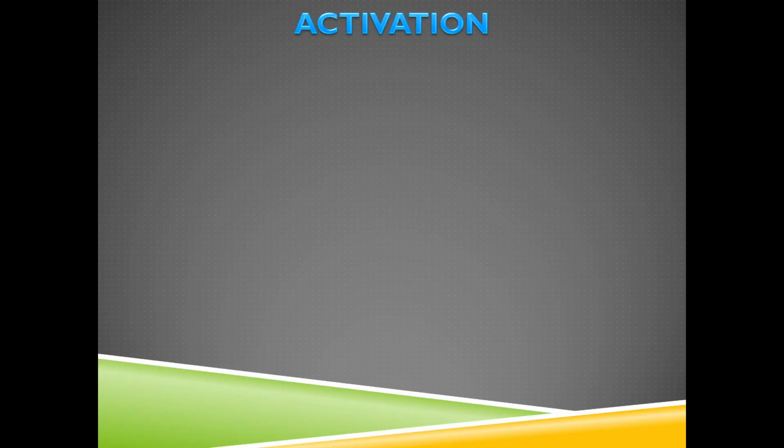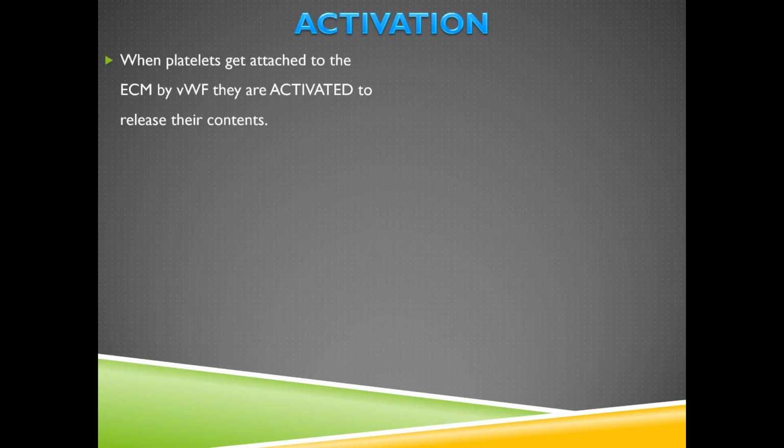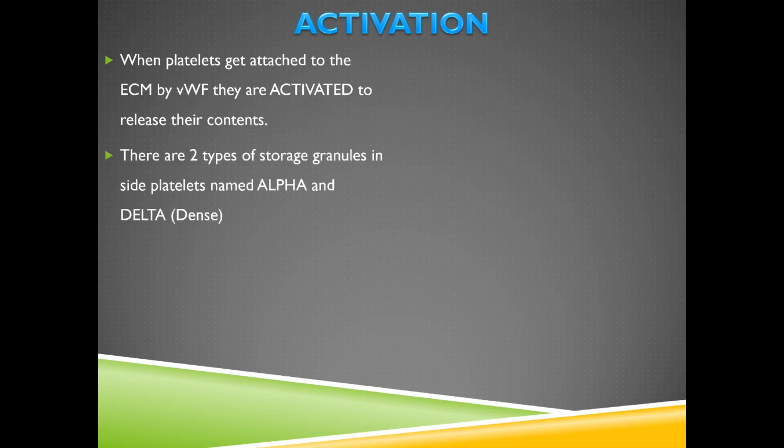Then the activation of platelets: when they get attached to the ECM, they are activated and they release their content. There are two types of storage granules inside the platelets, namely alpha and delta granules. The alpha is a thinner granule and delta is a dense granule.